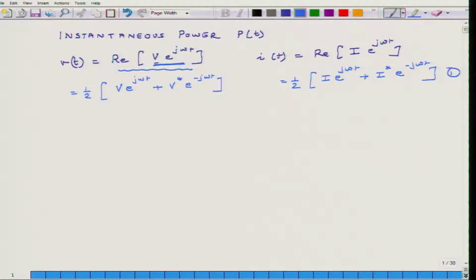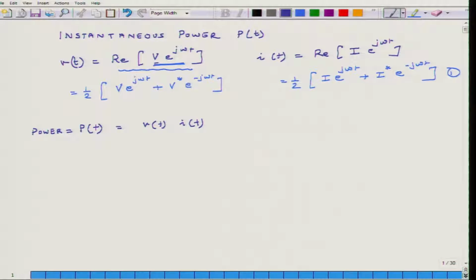Let us call this equation 1, and then we define power. I define it as capital P, and it can change with time. Mathematically it is equal to the product of voltage and current. If current is flowing as a function of time, and I multiply it by voltage as a function of time, then for each instant of time I get power.